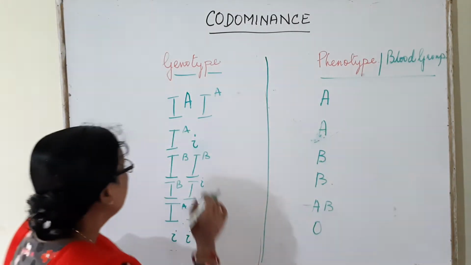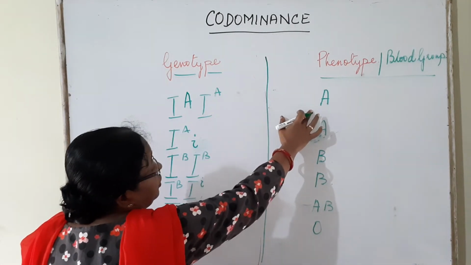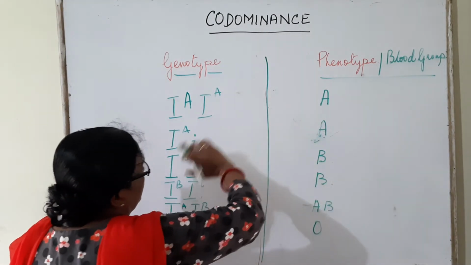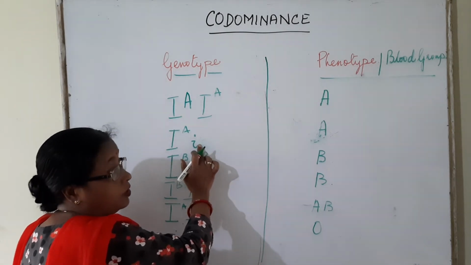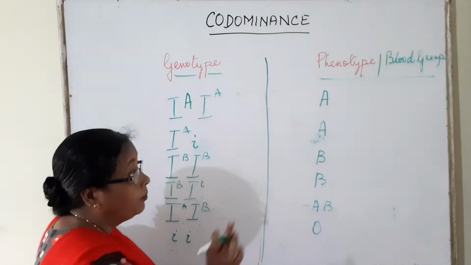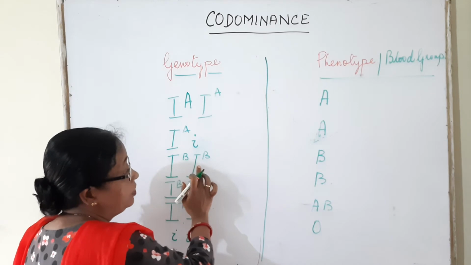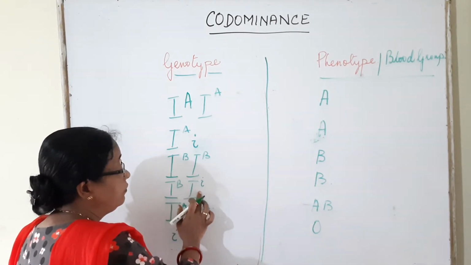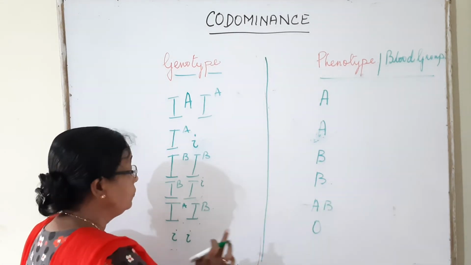So here we see IA is dominant. This means an individual will have blood group A. If it is heterozygous, IA in combination with recessive i, then the blood group will also be A, but heterozygous. Now IB and IB, the blood group will be B. IB combined with i will be B also, but heterozygous.